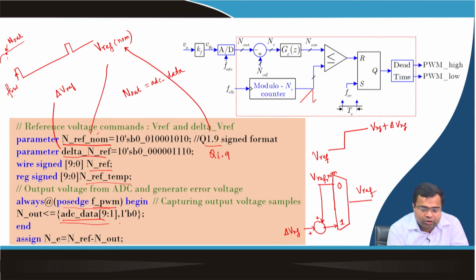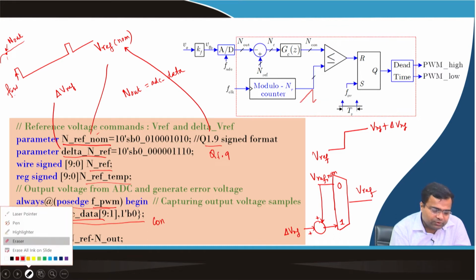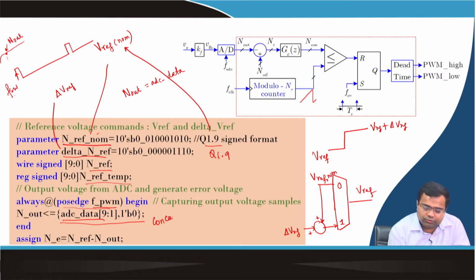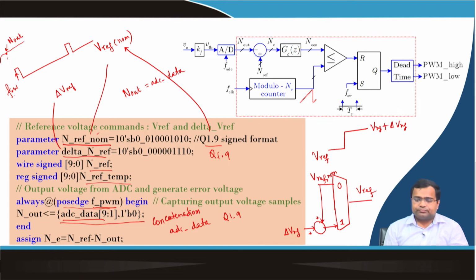Now, we made some concatenation. So, ADC data, we know what the ADC data is. It is Q1.9 format. That means it has a total of 10 bits, the first bit is a sign bit, all other bits are data, but we are capturing Q1.8 data first and padding with a 0.